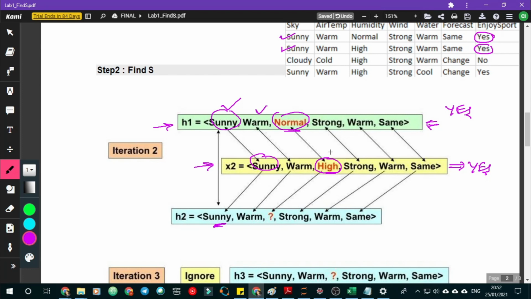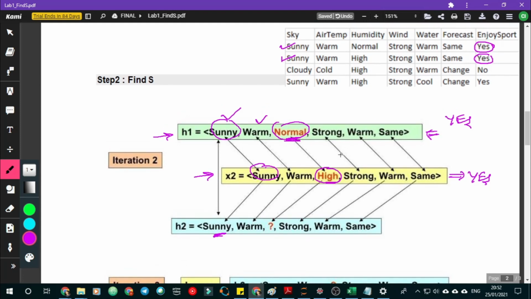In that case, I cannot keep my hypothesis normal. I mean the value which was prior. Now what I need to do is generalize the attribute value, generalize the hypothesis of this particular attribute. Which attribute are we talking about? The third one, which is wind.